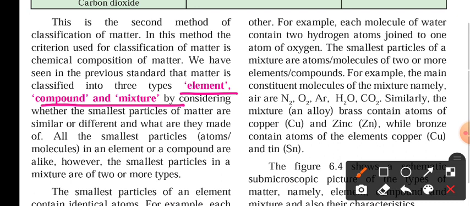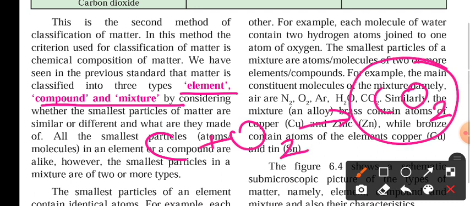When these elements or atoms chemically unite or combine in definite proportions, then it forms a compound. Like one carbon and two oxygen. When it combines, it gives us CO2, which we call carbon dioxide gas.